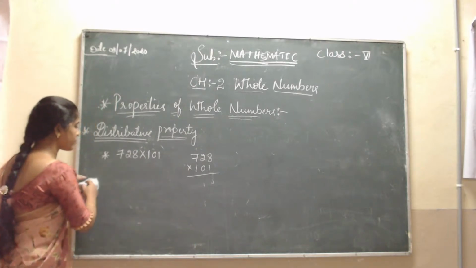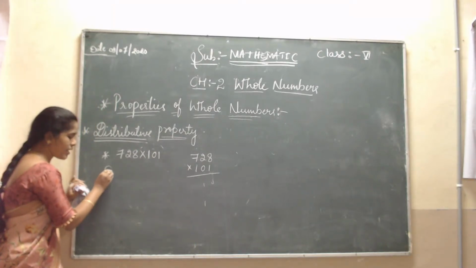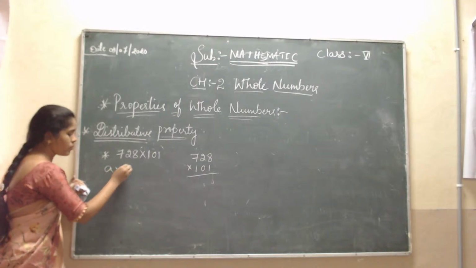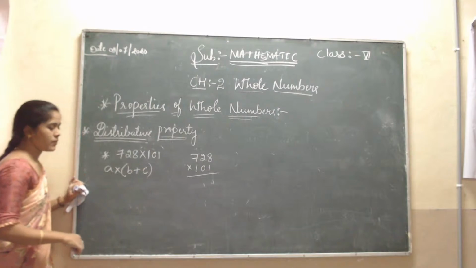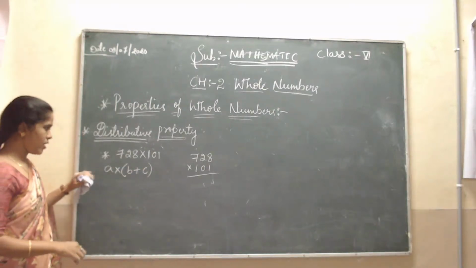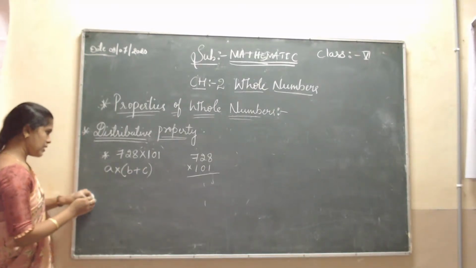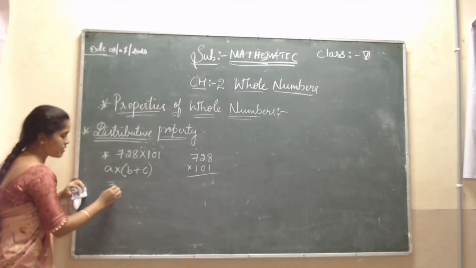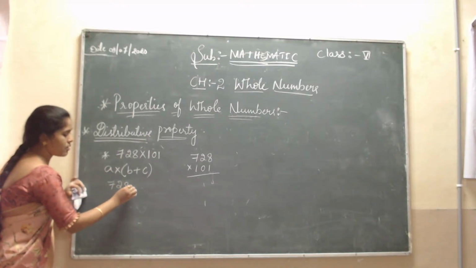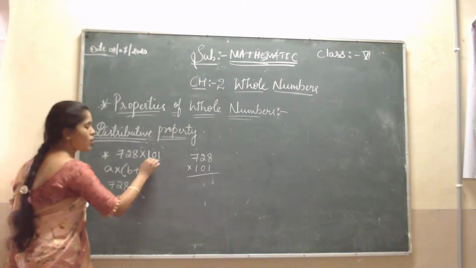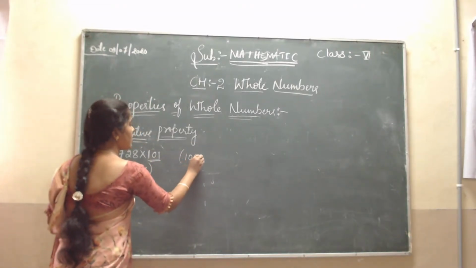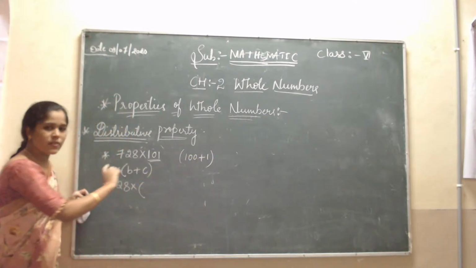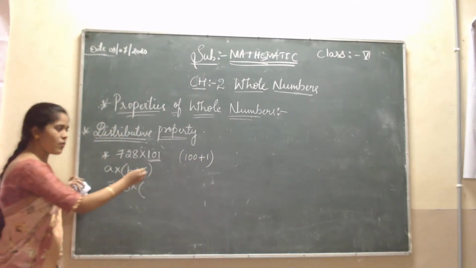See here, what is distributive property? A into B plus C. This is distributive property. See here, split 101, keep 728 as it is. Split 101 as 100 plus 1. 100 plus 1 is also 101.